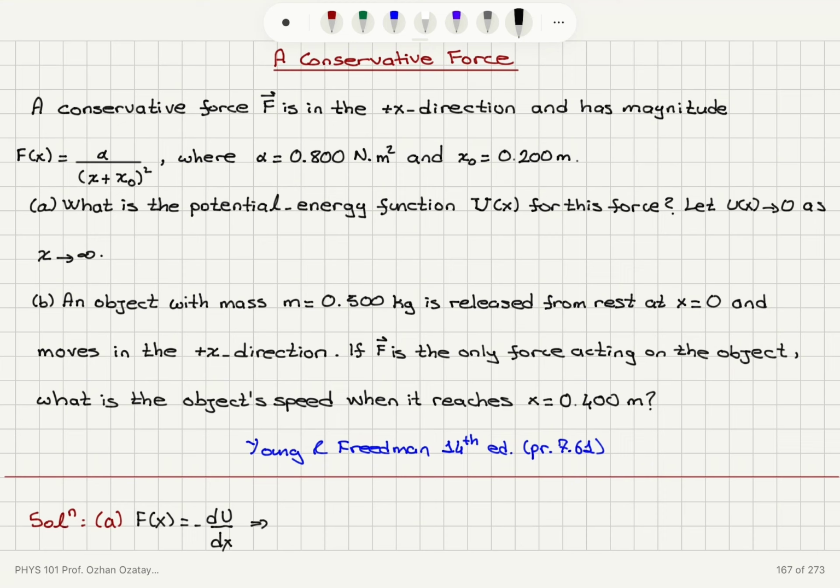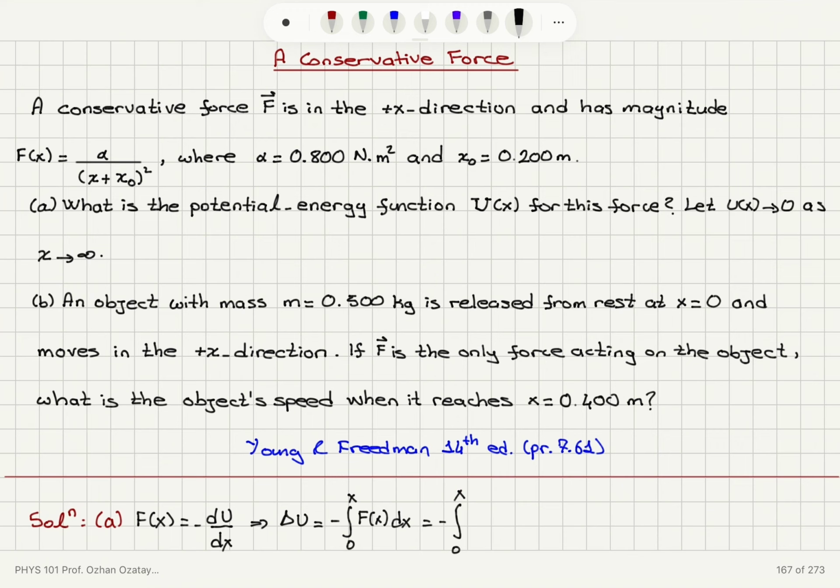So we can write the change in the potential energy as minus the integral from 0 to x of F of x dx. The work done by this force is equal to minus the change in the potential energy, the work-potential energy theorem. So this is minus the integral from 0 to x.